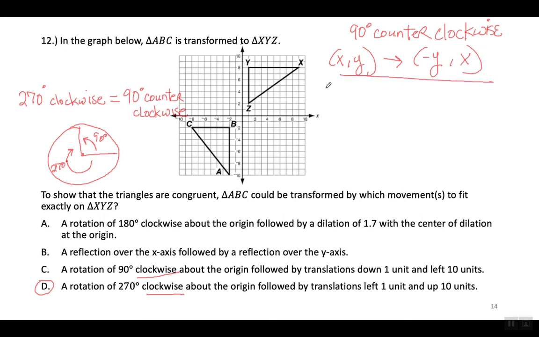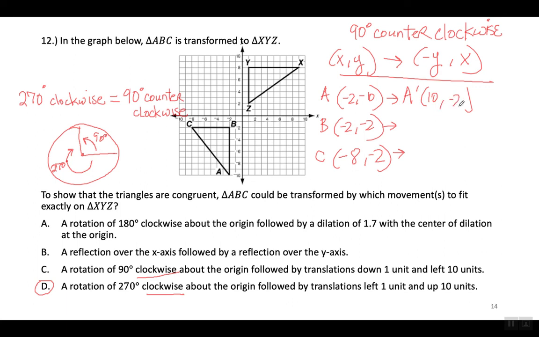Alright, so I got points A, B, C. A is located at (-2, -10). B is located at (-2, -2), and C is located at (-8, -2). So when I do this transformation, the 90-degree counterclockwise rotation, A prime is going to be at, okay, the Y you put in the front and you change it to its opposite sign, and the X you put in the back.